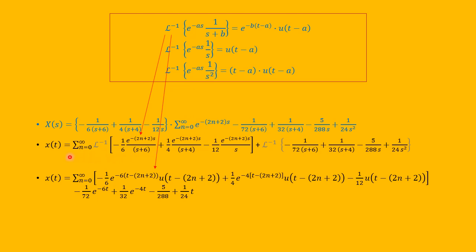And so we can write that then as the sum of the inverse Laplace transform, and here is the term that corresponds to this fraction times e to the minus (2n plus 2)s. This term is this fraction times e to the minus (2n plus 2)s, that is. This fraction here is just this fraction, minus 1/12 s, times e to the minus (2n plus 2)s, and it's all summed from n equals 0 to infinity.